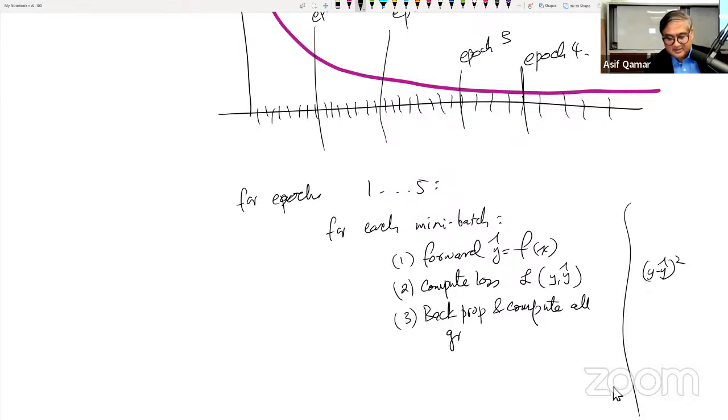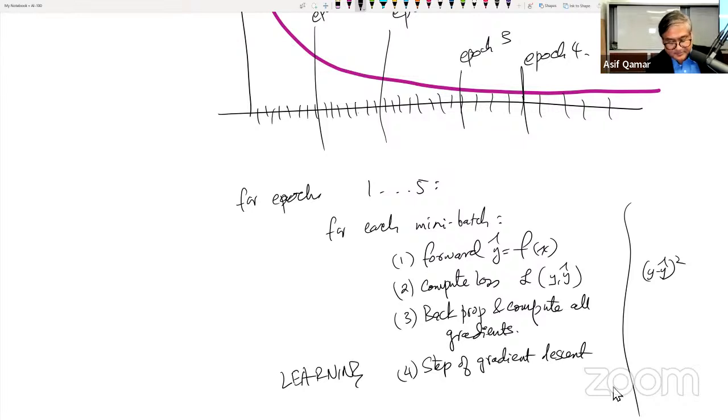And now that all the gradients are known, what can we do? We can take a step of gradient descent. This is the learning in machine learning. This is the heart of it, this step.